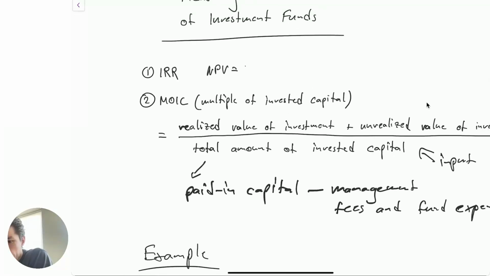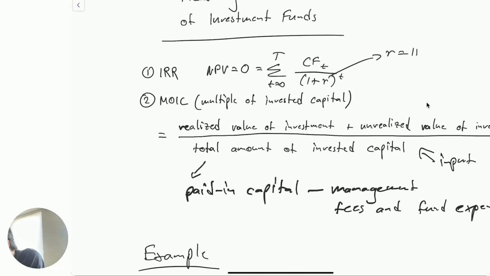NPV equals 0. Sum of all cash flows per period, divided by (1 plus R) to the power of the period. And then if you solve it for 0, then your R equals your IRR. That's what we want to solve for.